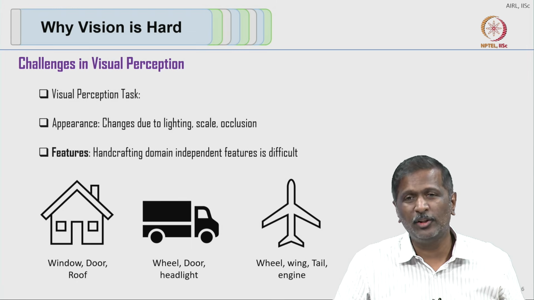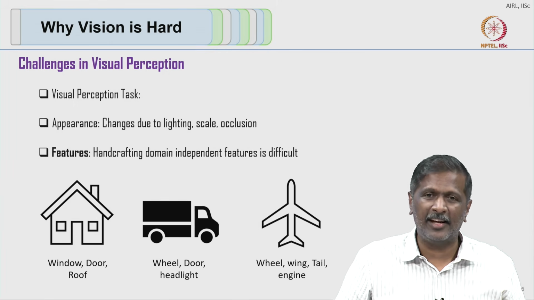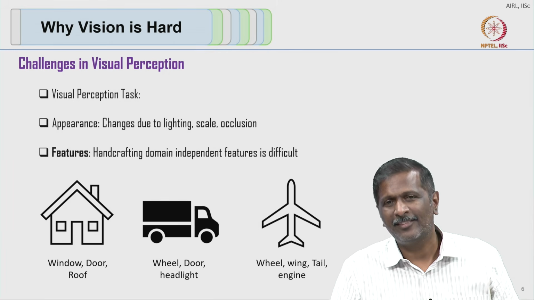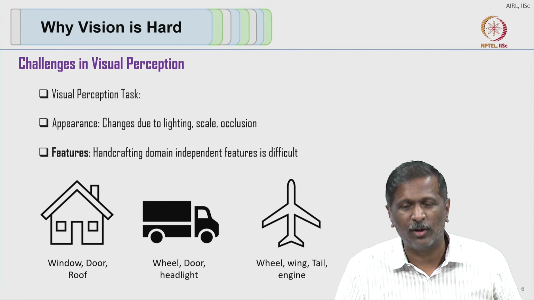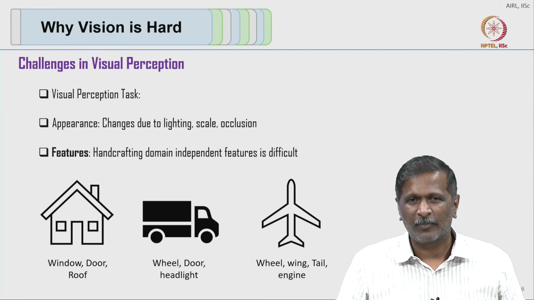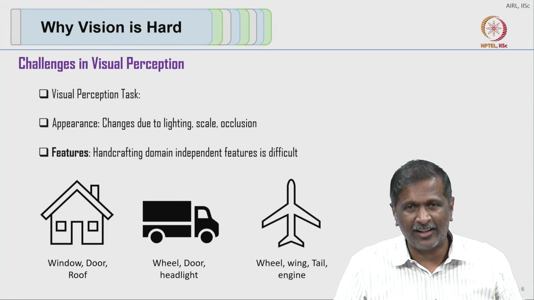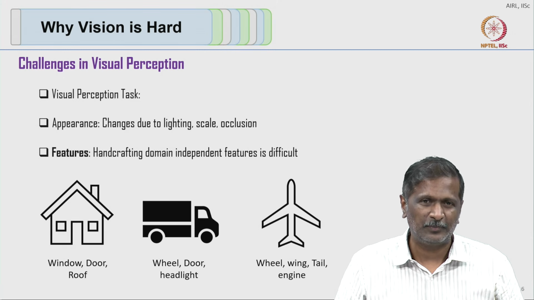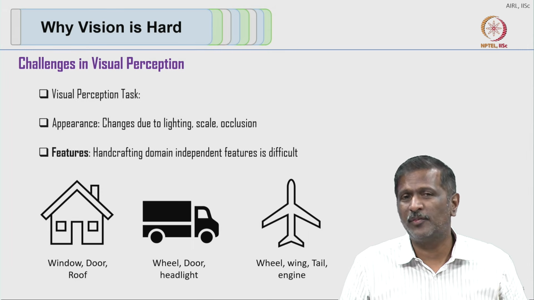But if I have a new class, not just a car, I have a train. A train has so many windows. How am I going to differentiate just by the number of windows alone? If I have to differentiate between a car and a truck, I will have difficulty. You see, extracting these features is very, very difficult.